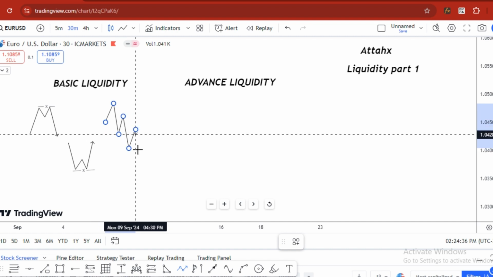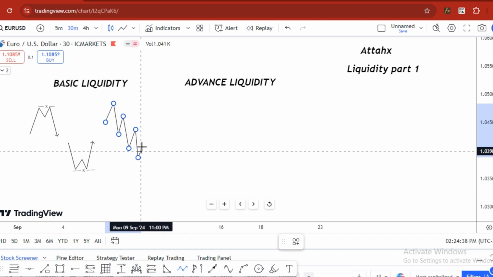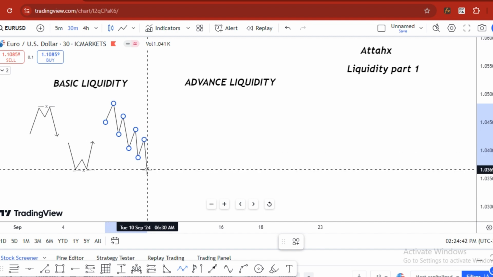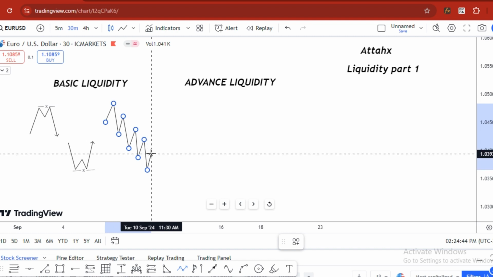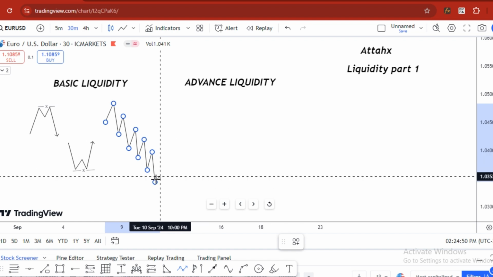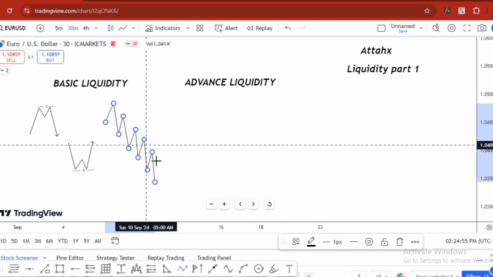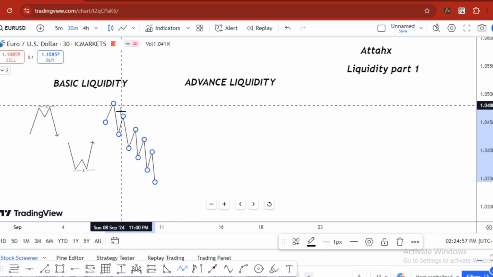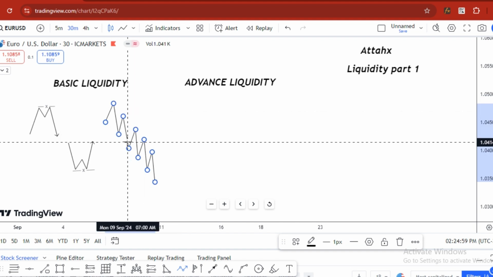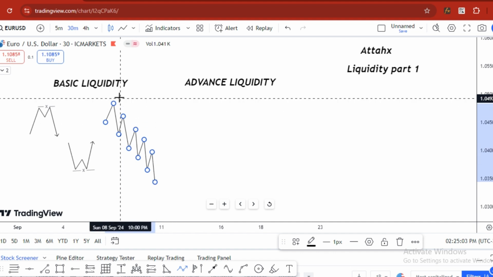right? Because in the algo market structure, like I taught you guys on the last video, when markets move in series like this, right, it is a liquidity build up, right? And then in the algo market structure, I never explained a part where markets will move in order. Like, you see markets moving in order: higher lows, higher highs, higher lows, and higher highs, right?